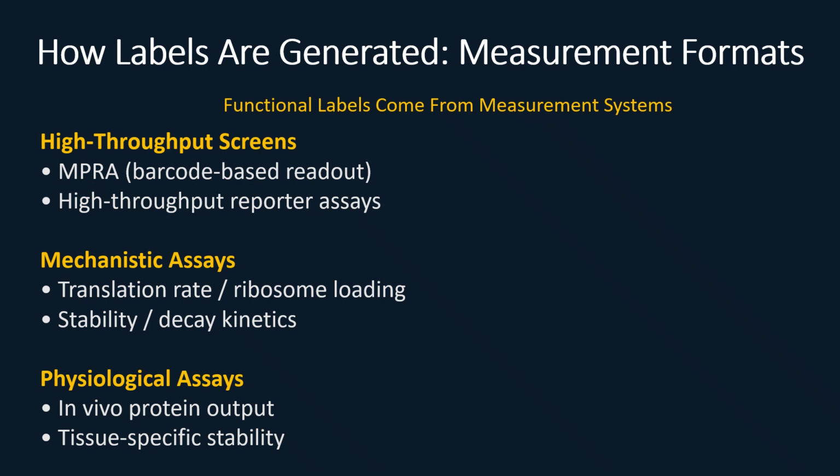These measure what ultimately matters in a living organism: protein output, tissue behavior, systemic effects. They capture full biological context, but they are low throughput and expensive. So functional labels are not all the same, right? They depend entirely on which measurement system produced them and which layer of biology that system can see.